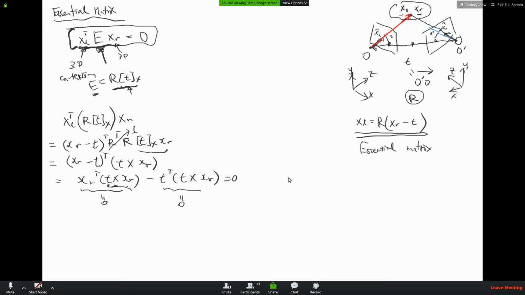Let me call it x naught here. This x naught of course will correspond to a point on this epipole here, right? This x naught actually will map to this epipole here. Let's call this epipole on the right er, and on the left el here.